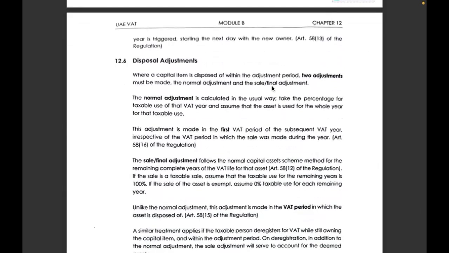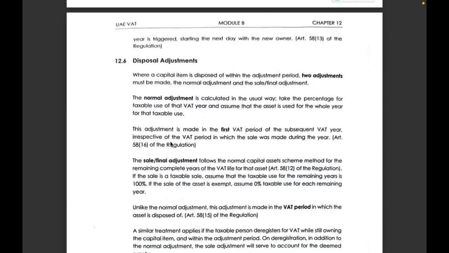Normal adjustment and then the final adjustment. The normal adjustment is calculated in the usual way. Take the percentage for the taxable use of that VAT year and assume that the asset is used for the whole year for that taxable use. This adjustment is made in the first VAT period of the subsequent VAT year.